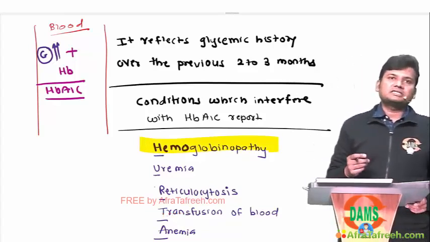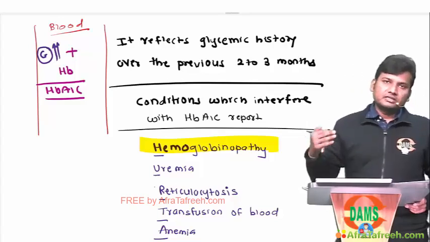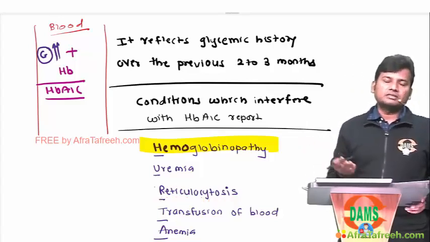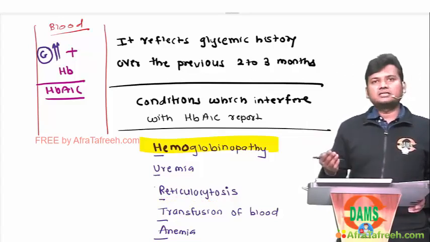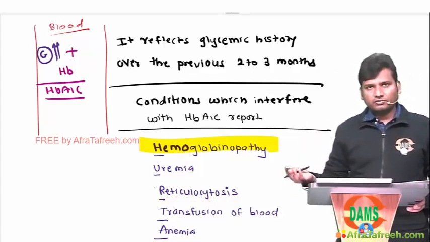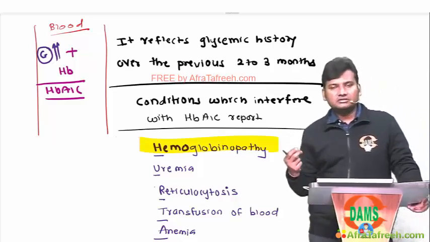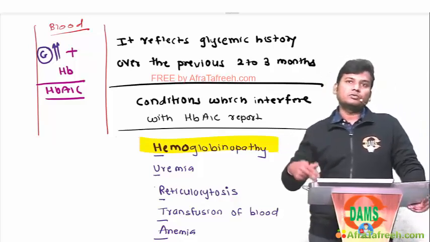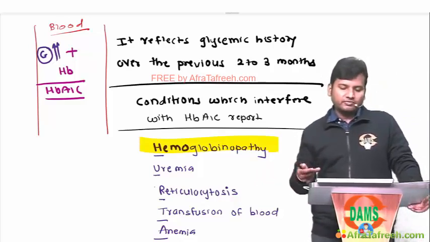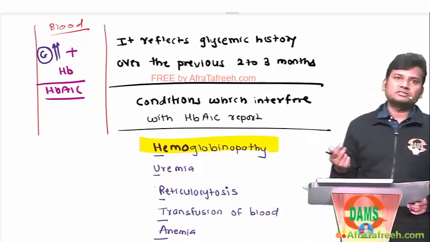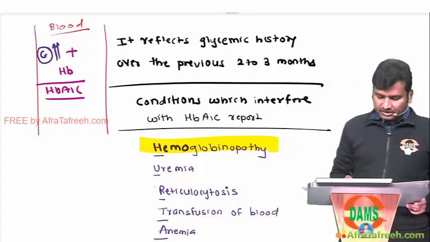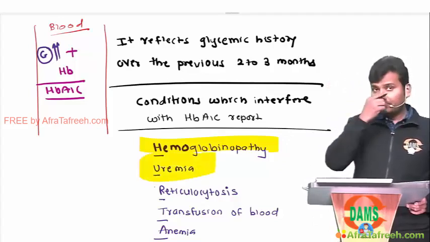Suppose our patient has thalassemia, then hemoglobin is abnormal. This is hemoglobinopathy. There is some defect in the globin chain of hemoglobin. Now we don't know what is the affinity of this abnormal hemoglobin towards glucose. So here we cannot trust the HbA1c report. Okay. Similarly, uremia.